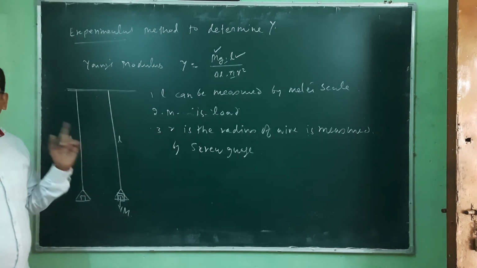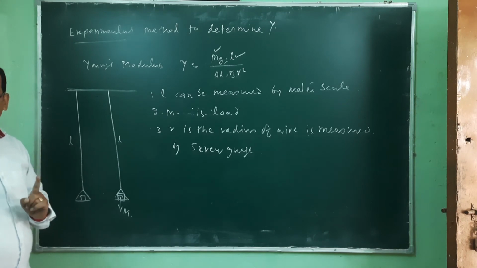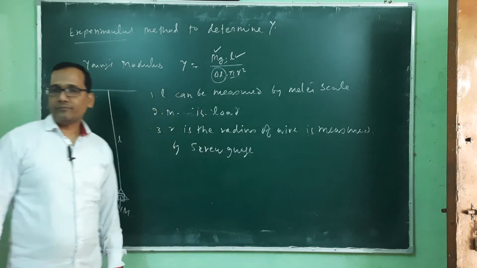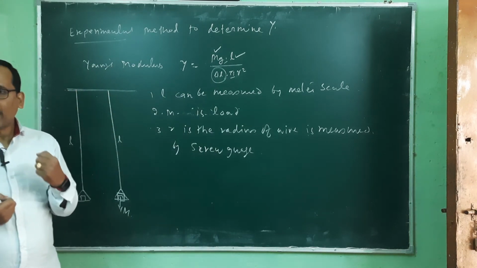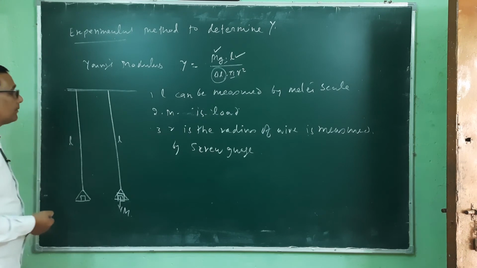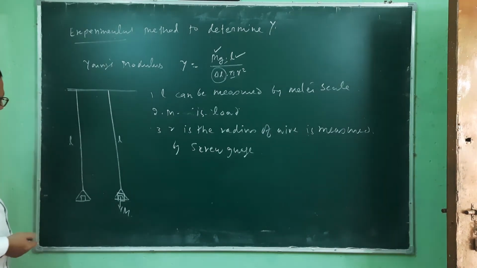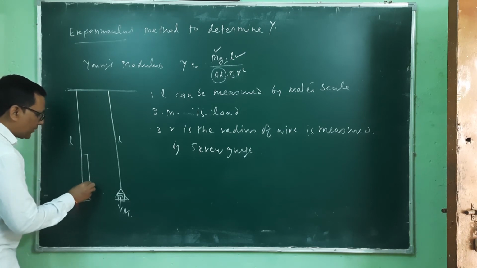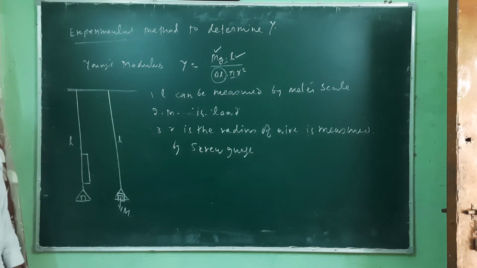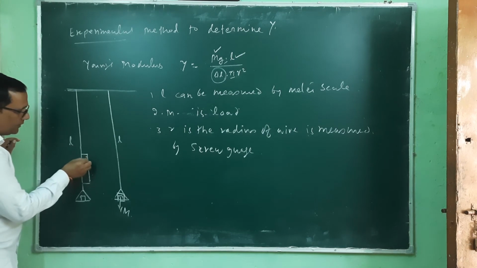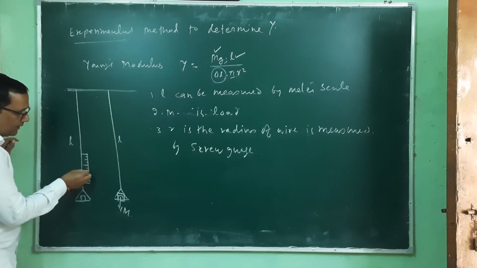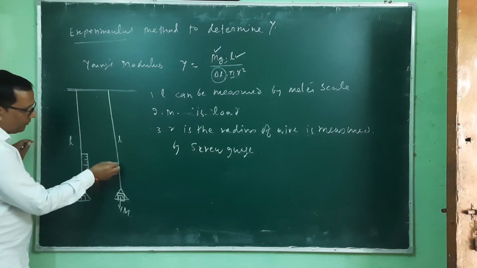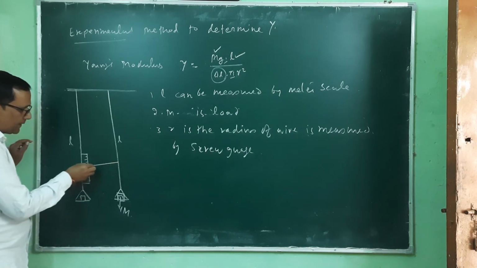Now the one parameter we need to measure is delta L, the change in length. In order to measure this, one scale is fixed with this wire, and one pointer is attached.